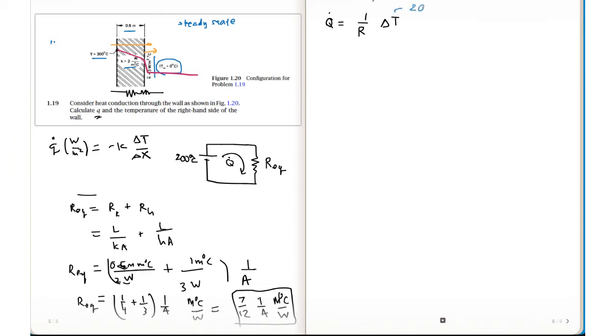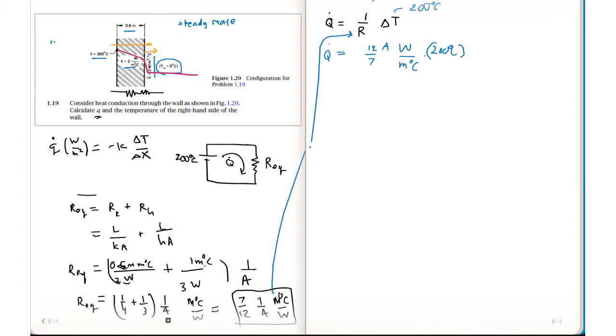This is 200 degrees C, and we know that Q dot is equal to 12 over 7 times the area. What I'm doing is plugging this value into the R here and inverting it, so I have watts per meter degree C times 200 degrees C. And I'm noticing something's wrong with my units.